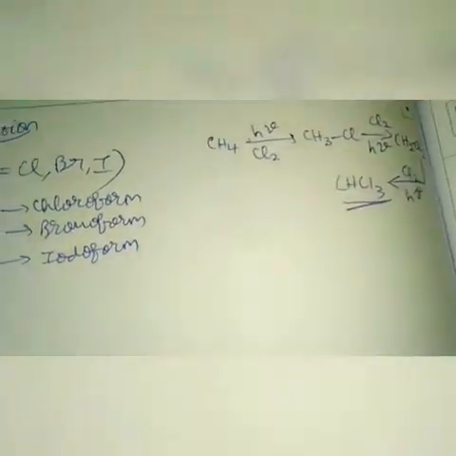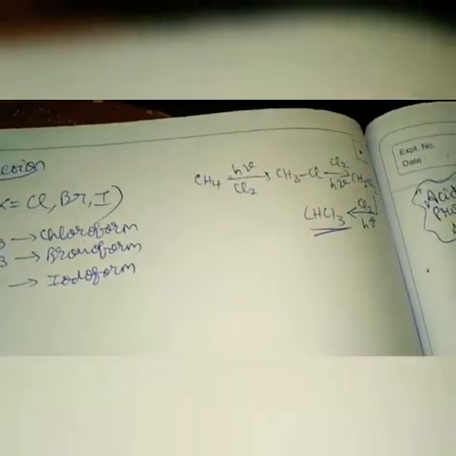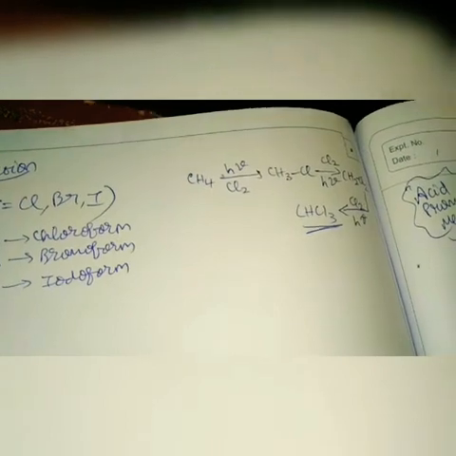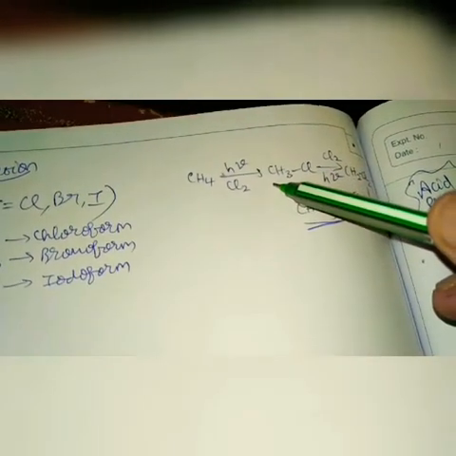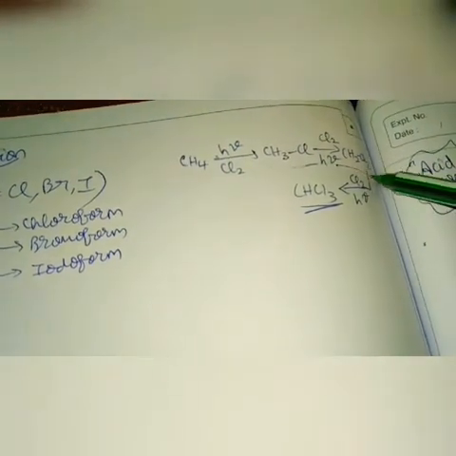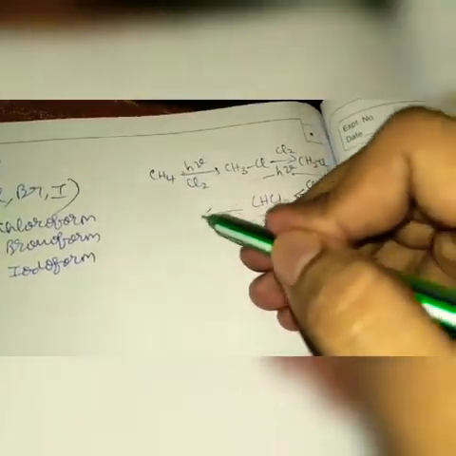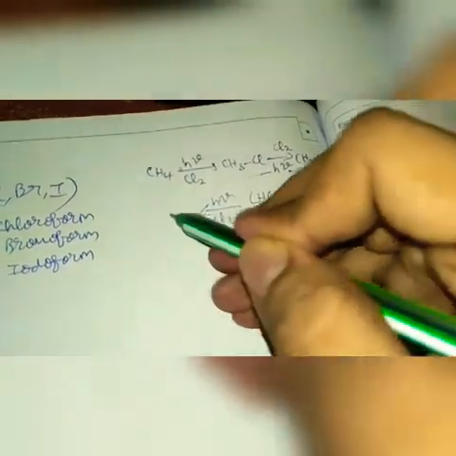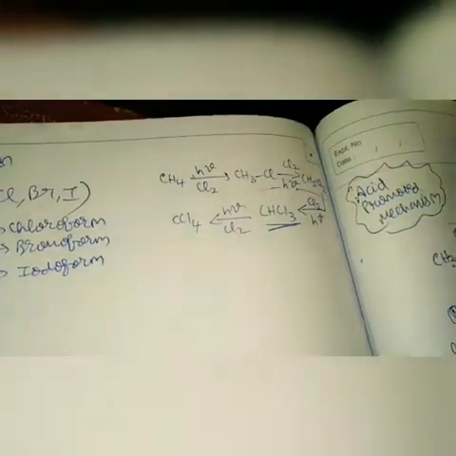Basically, this is a free radical substitution of halogens to alkanes, giving methyl chloride, dichloromethane and this chloroform, and when you go further, you get carbon tetrachloride.